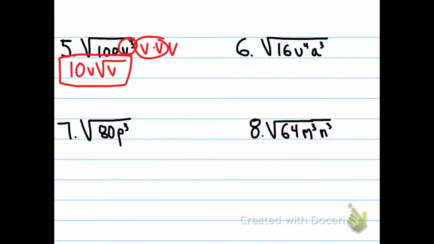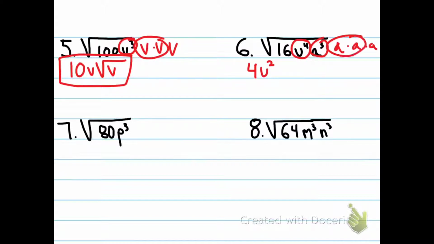For number 6, the square root of 16 is 4. And then there are 4 u's. So what you can do is just divide 4 by 2 and you get 2. So it's 4u squared. And then there are 3 a's. So 1, 2, 3.